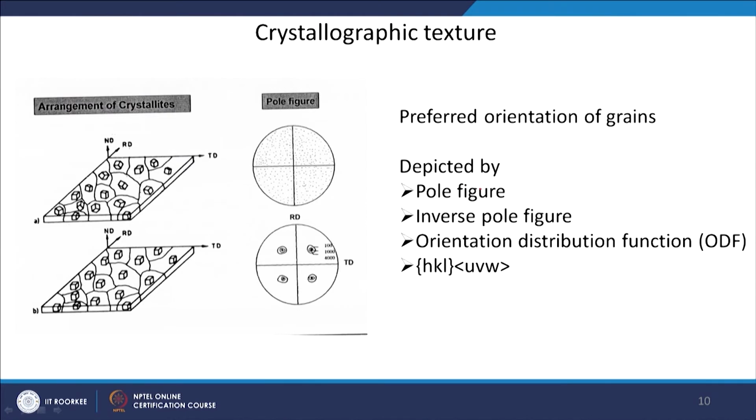So, if a larger number of grains are oriented in a preferred way, I would call it crystallographic texture. We can depict this crystallographic texture through a pole figure, inverse pole figure, another term called orientation distribution function, or in terms of HKL UVW. This we will again discuss in more detail in the remaining lectures.